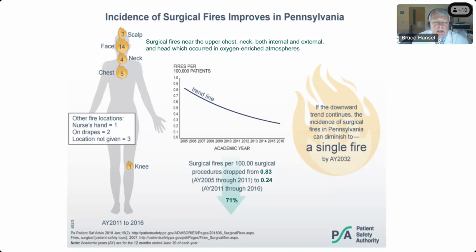So it's entrapment of oxygen that leads to these larger fires, or burning through of the tubing that's delivering the oxygen to the patient. I've seen cases where it almost looks like a fire-breathing dragon, because once the tubing burns through, it becomes almost like a blowtorch. Next slide, please.